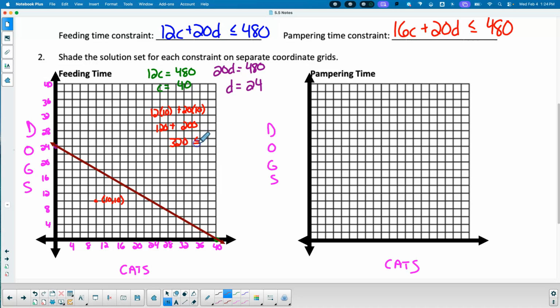Is 320 less than or equal to 480? Yes, it is. So that means that we would shade that side.